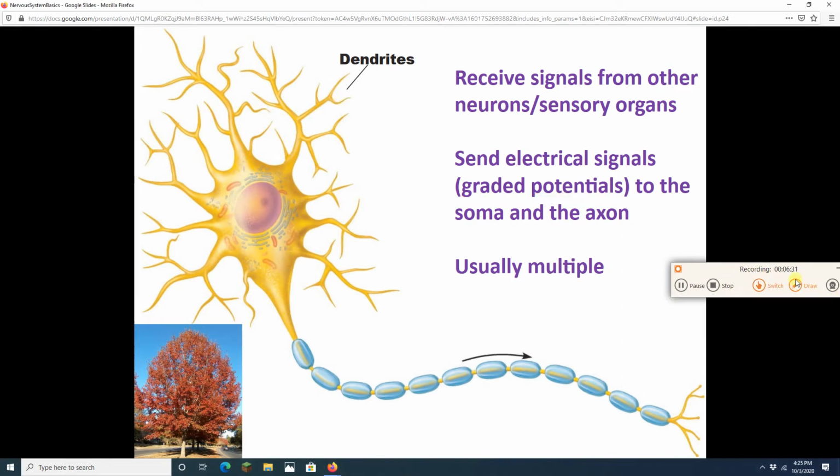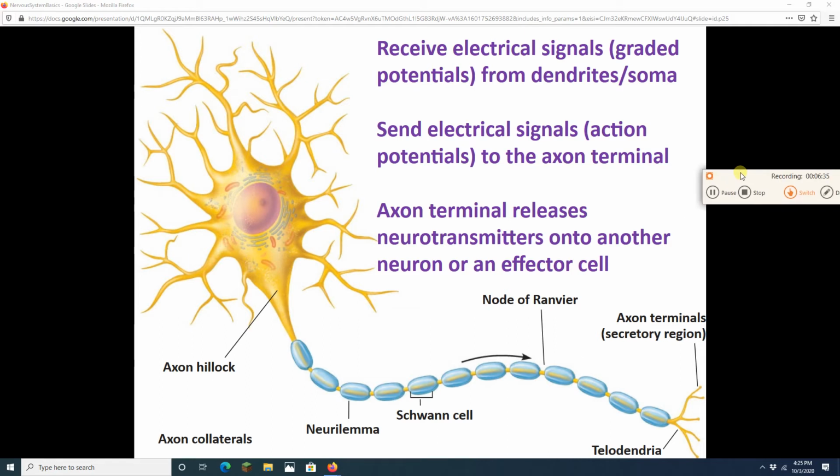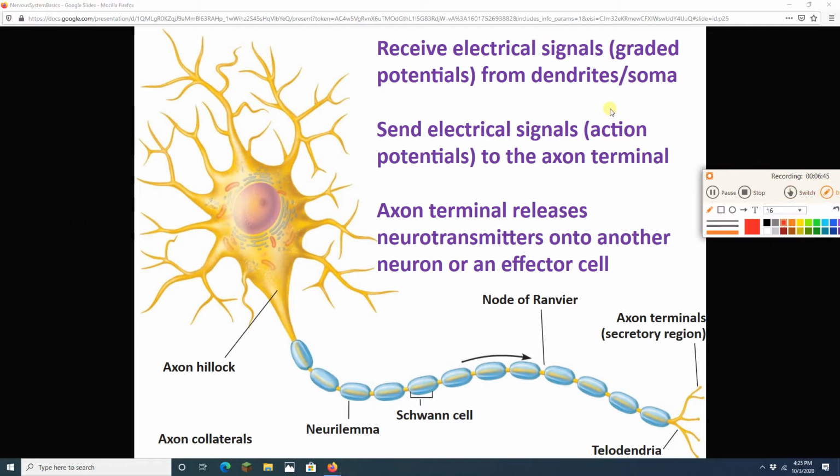Don't worry. Let's talk about the axon. The axon is going to get electrical signals, graded potentials, from the dendrites and from the soma.